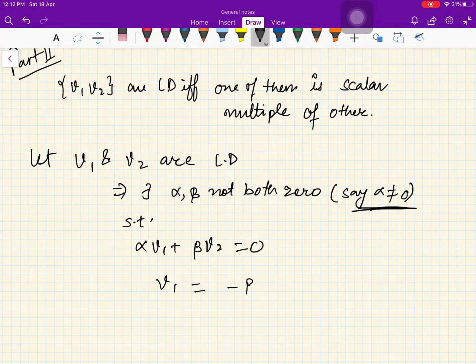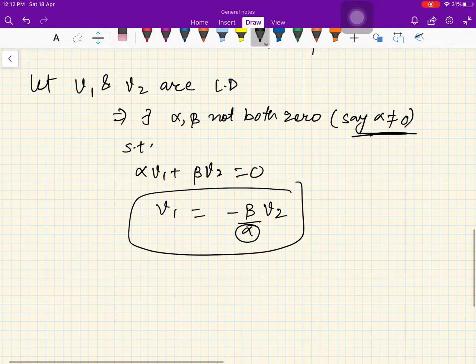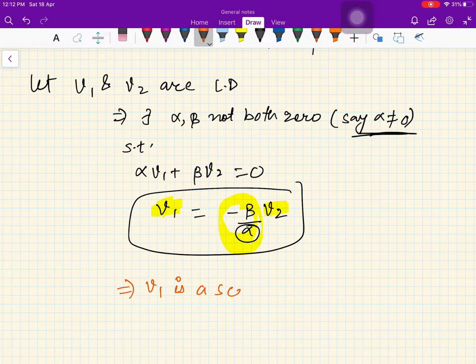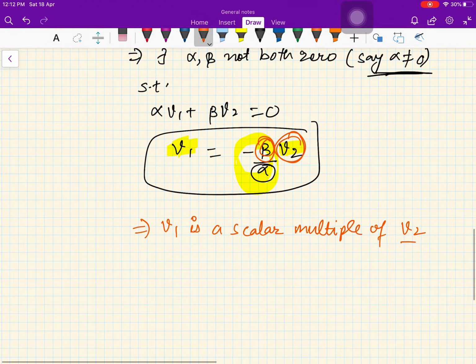Either alpha or beta can be non-zero. Take alpha non-zero. Then v1 is equal to minus beta upon alpha into v2, because alpha is non-zero and I can divide by alpha. So v1 is a scalar multiple of v2. And if beta is non-zero, in that case v2 is a scalar multiple of v1.